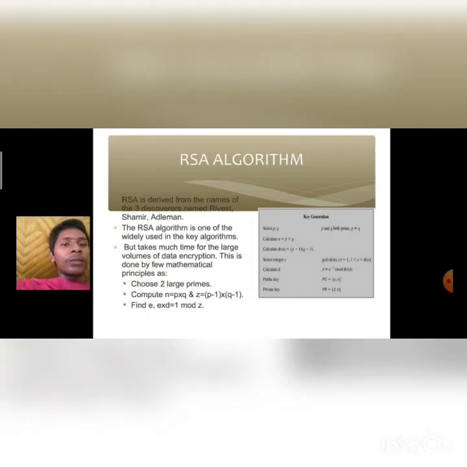RSA algorithm. RSA is derived from the names of the three discoverers, Rivest, Shamir, and Adleman. The RSA algorithm is one of the most widely used key algorithms, but it takes much time for large volumes of data encryption. This is done by a few mathematical principles: choose two large primes, compute n equal to p times q and z equal to (p minus 1) times (q minus 1), and find e such that e times d is equal to 1 mod z.